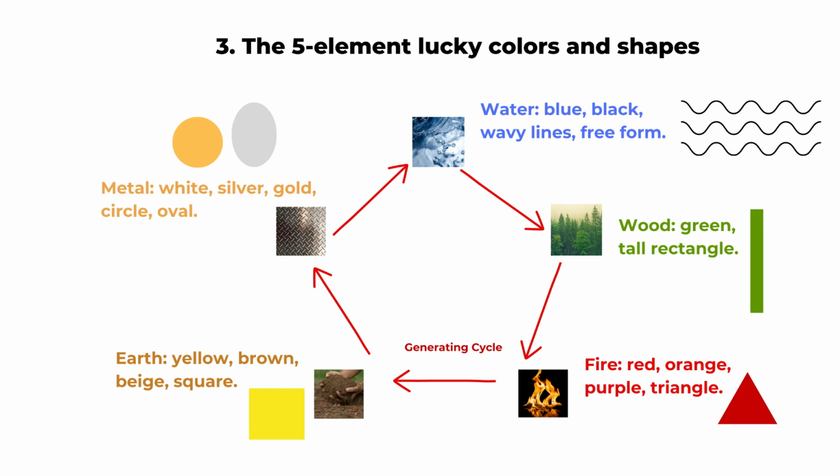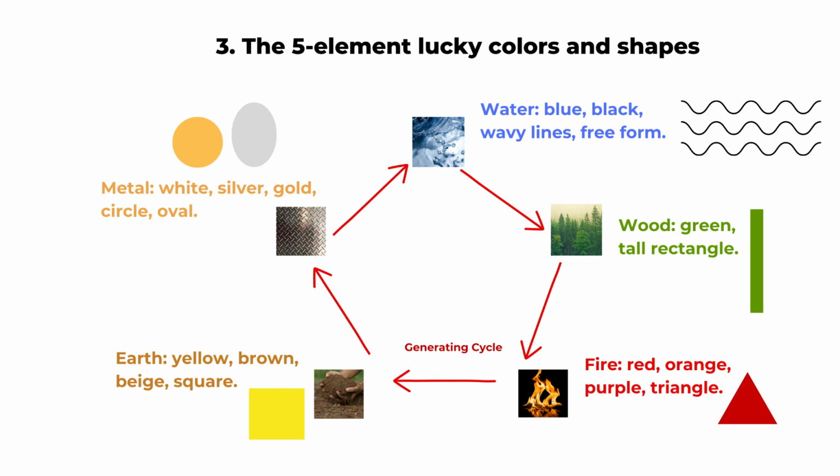You can see for the water, it's blue, black, and wavy lines or free forms. And for the wood element, it's color of green and tall rectangles, just like the wood. And for the fire element, it's color of red, orange, or deep purple, and the shape is triangle.